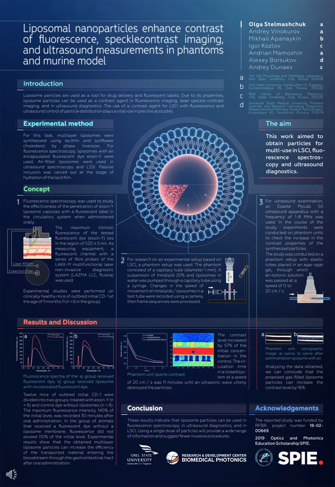The study was conducted on a phantom setup with an elastic tube placed in agar-agar gel, in which an isotonic solution was pumped at a speed of 0 to 20 centimeters per second. 12 mice of outbred stock CD1 were divided into two groups, treated with eosin Y and control dye without liposomes.